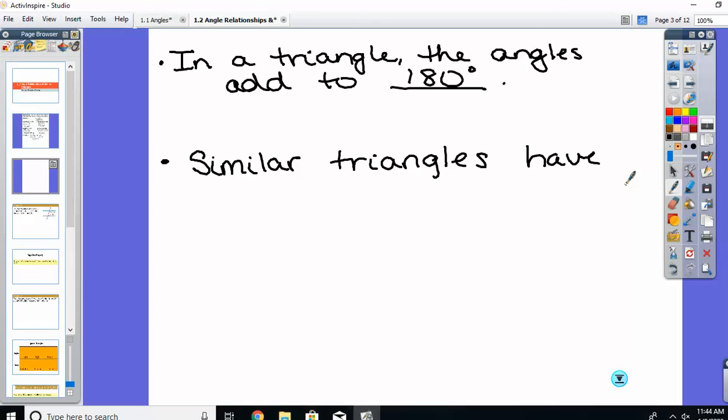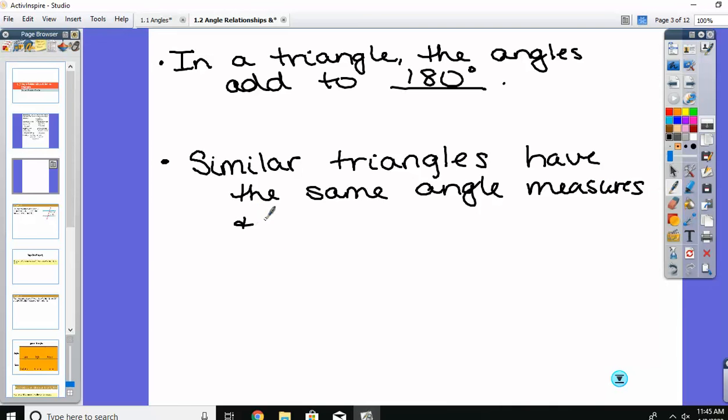When I talk about similar triangles, what am I referring to? Same ratio. Their sides are proportional, and what's true about their angles? They're the same. So similar triangles have the same angle measurements, and proportional sides.